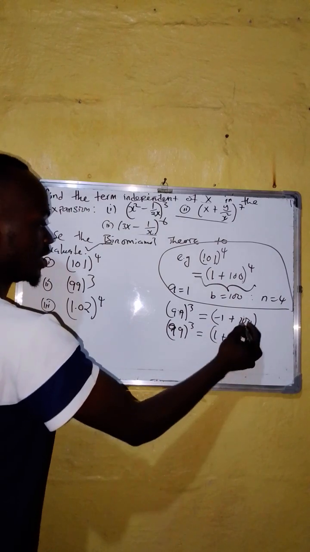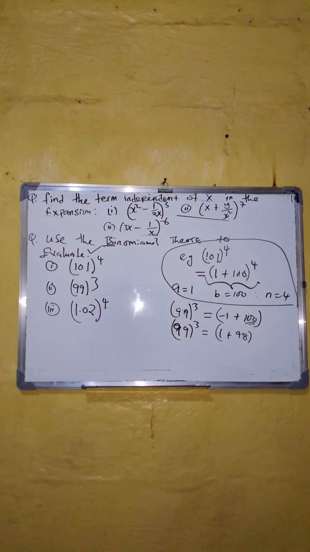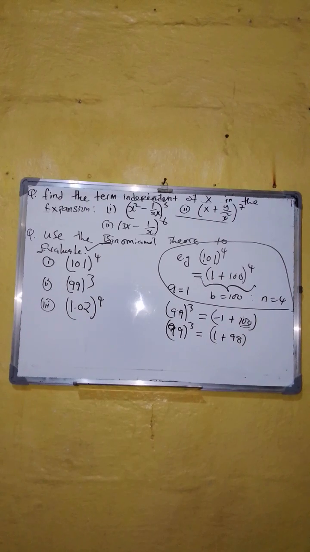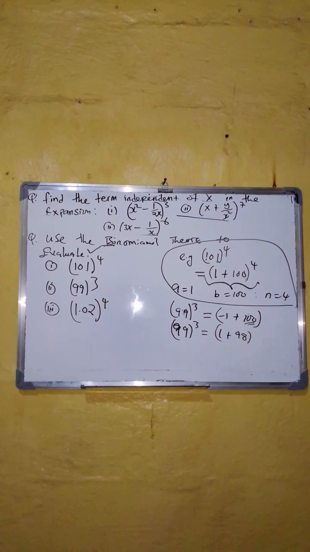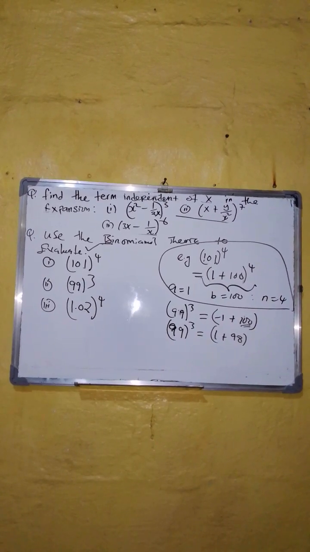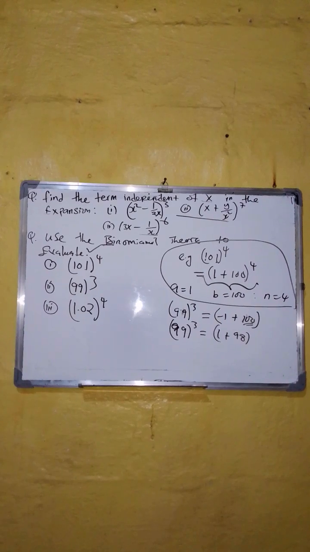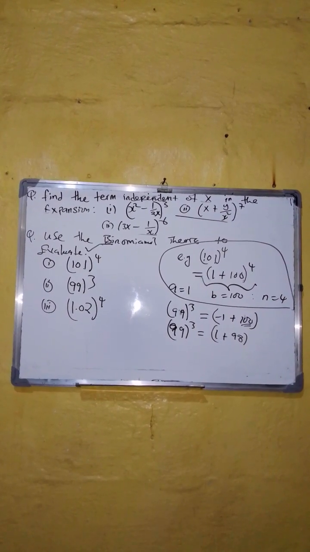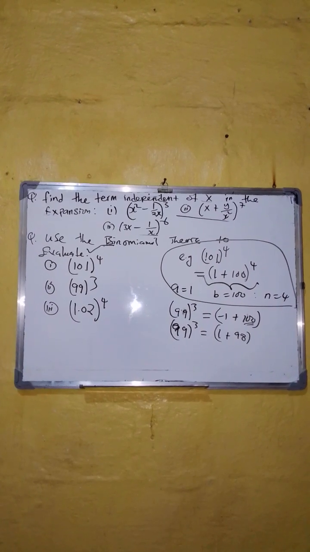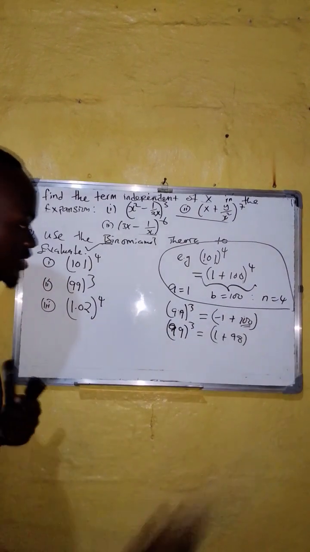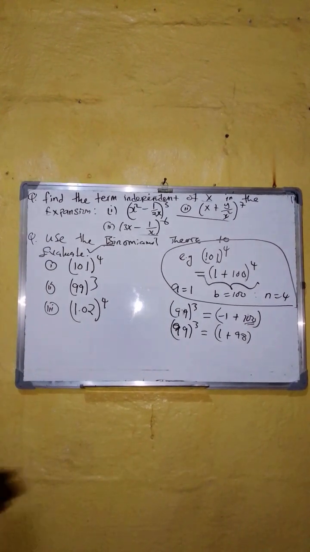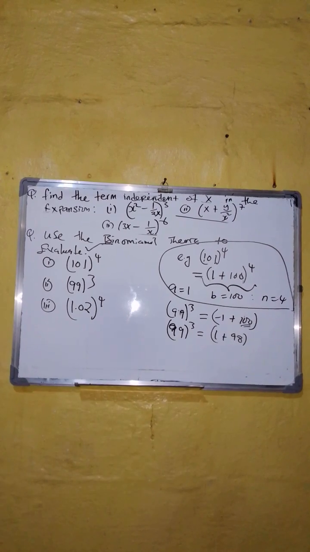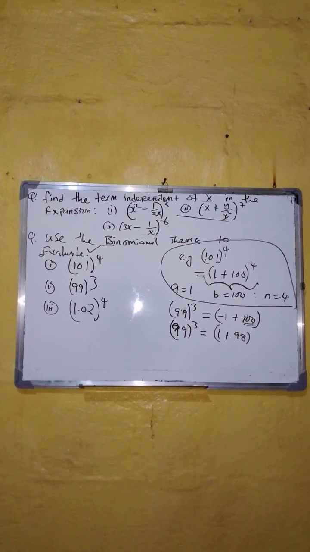But I think using 100 is better, because it's simpler to expand 100 than 98. At least with 100 squared, you'll be able to tell, it's 10000, with the zeros, at least they are manageable. So that's how we'll be able to handle such a case.